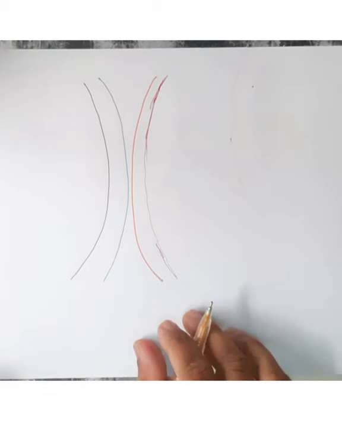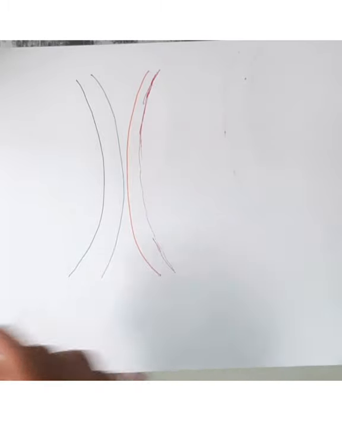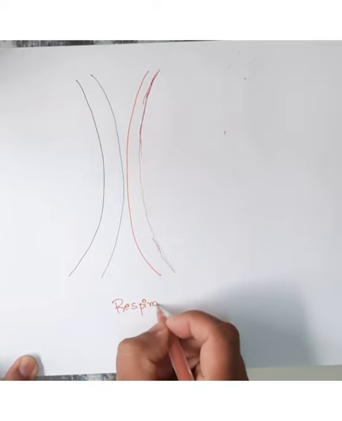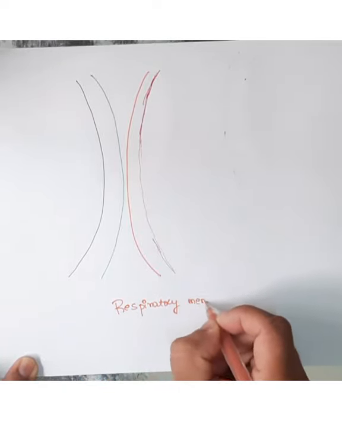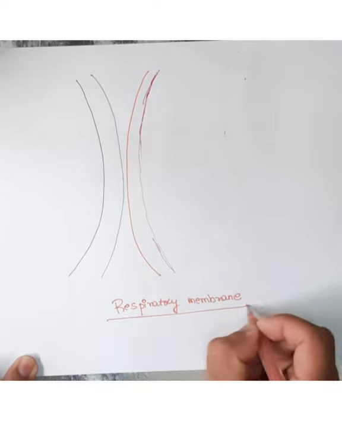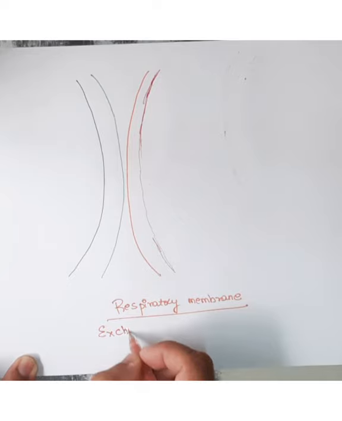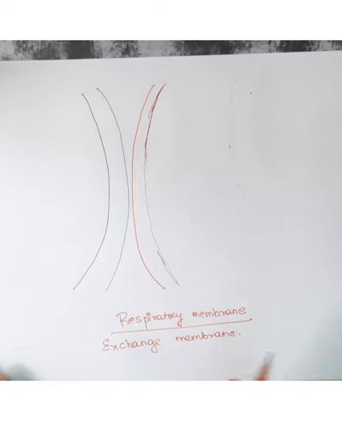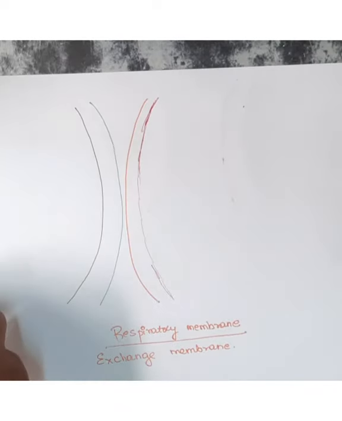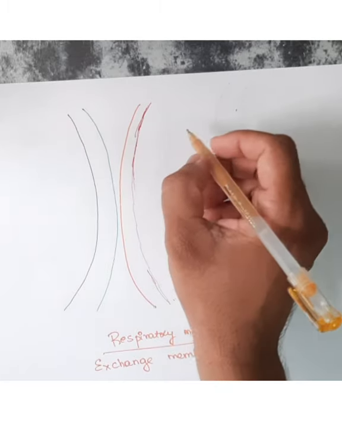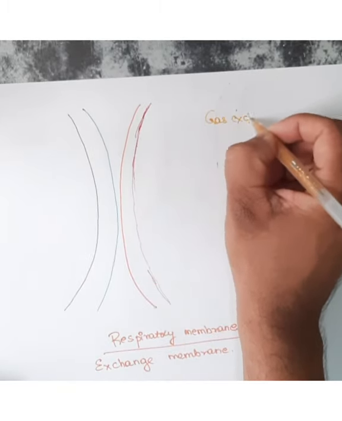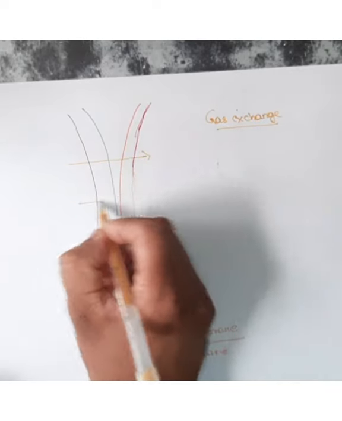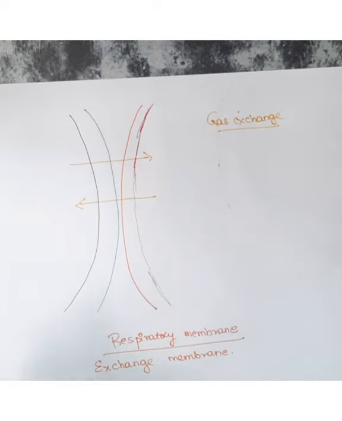The next important structure we should know is the respiratory membrane. It is also called the exchange membrane. This is a thin membrane across which the gas exchange occurs, or the diffusion of oxygen and carbon dioxide occurs across this membrane.